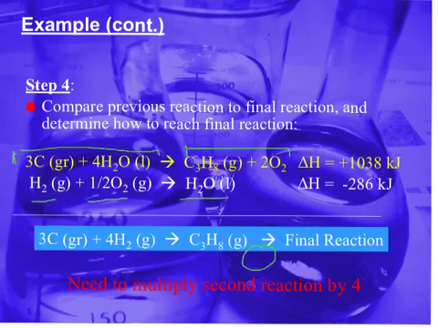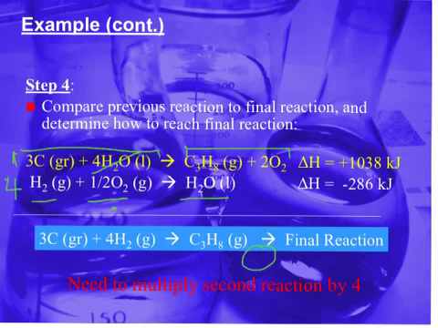We could easily multiply this third reaction by 4 to get 4 molecules of water to cancel out with our intermediate equation. And 4 times a half is 2 oxygen, and the 2 oxygen here will cancel perfectly with the 2 oxygens here.